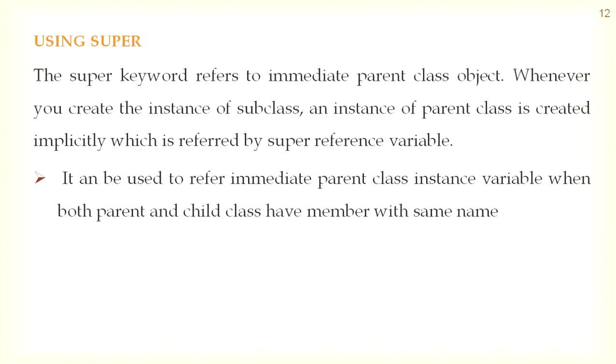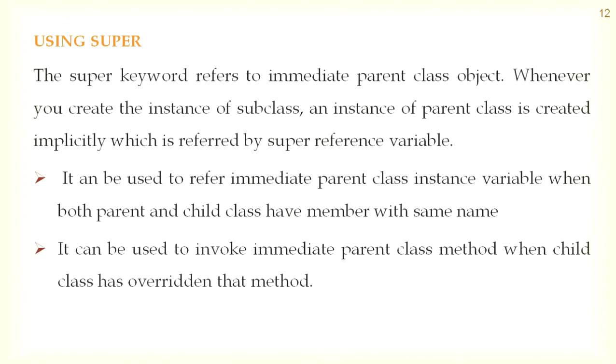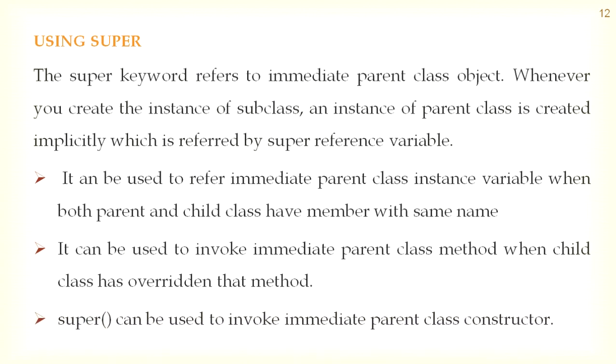It can be used to refer to the immediate parent class instance variable when both parent and child class have members with the same name. It can be used to invoke the immediate parent class method when the child class has overridden that method. Super can also be used to invoke the immediate parent class constructor.